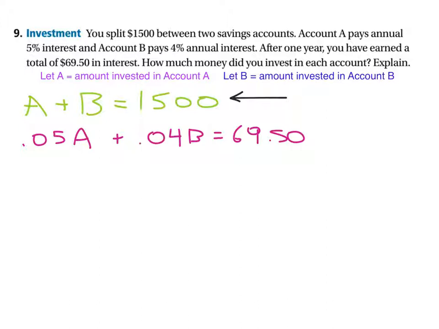I'm going to urge you to practice your decimal and fraction calculations without calculators so that when you have assessments, you have the tools you need. So try to figure this out on your own. Find out what A is, find out what B is, and do a proof to see that it's true.